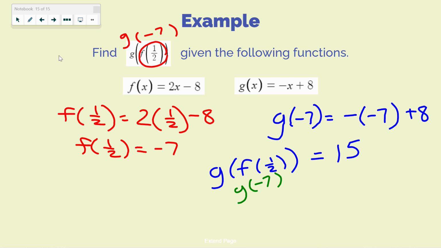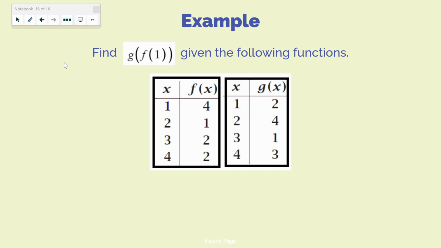You guys don't need to jot this one down, but we can work through it together because it's a lot to write down with the tables. So let's go from our inside out. We want to find g of f of 1, meaning the first step all the way inside is f of 1. Going to my f function, my x is 1. What's the output here? 4.